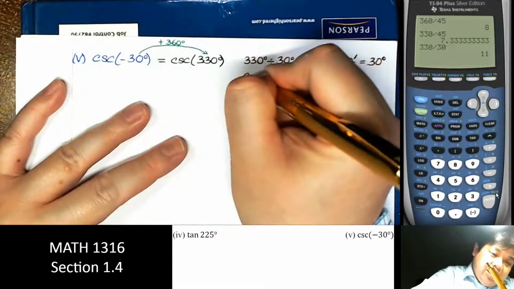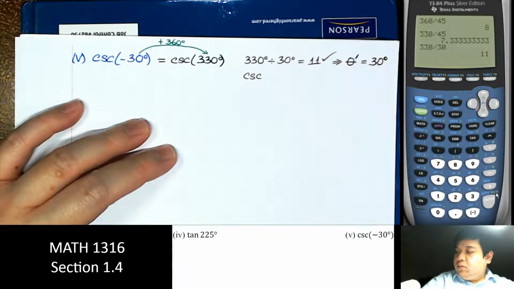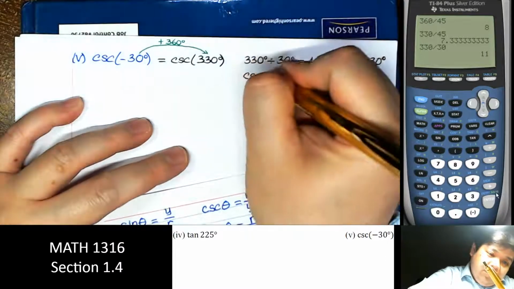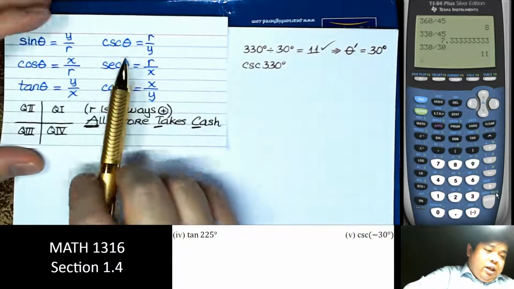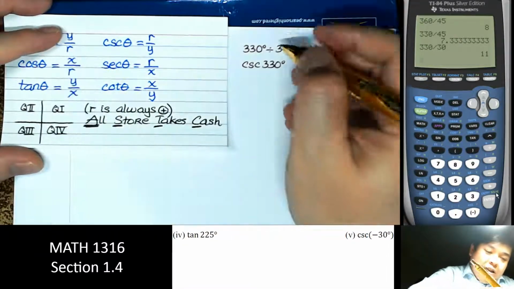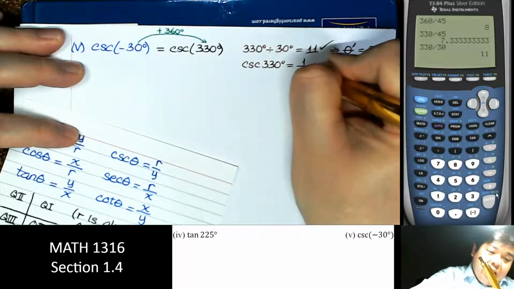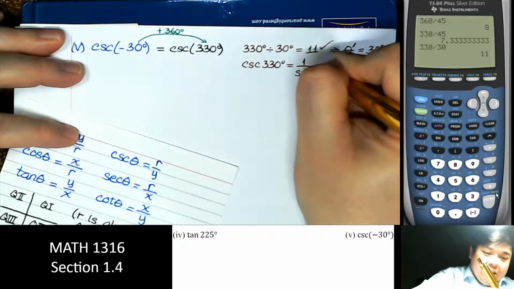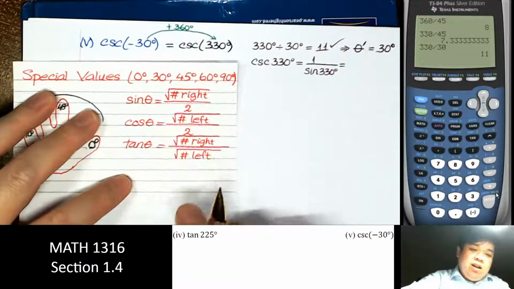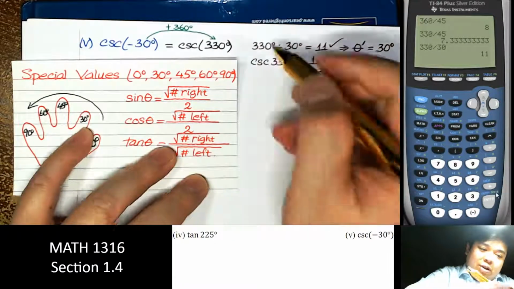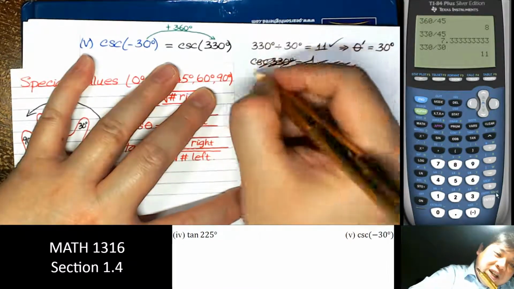What is cosecant? Cosecant is the reciprocal of sine. So whatever we have for sine, we're just going to flip. Use the reference angle instead.